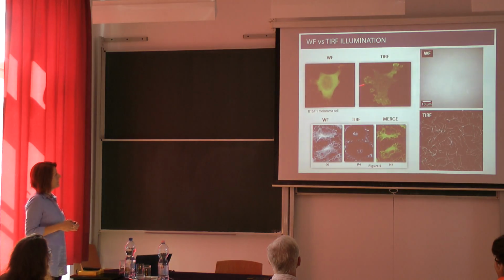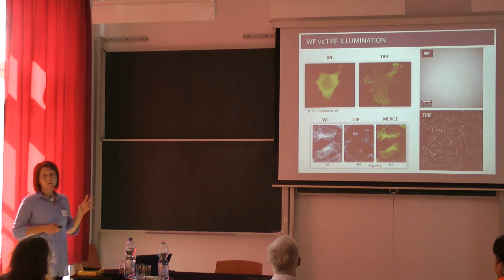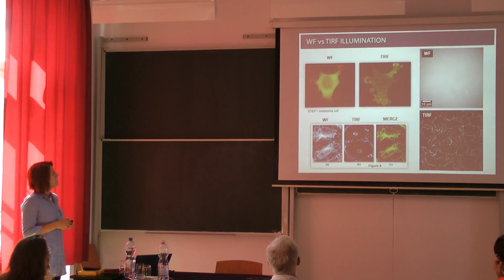Okay, now let's see how we can image our sample if we want to image by TIRF illumination. This can be a kind of textbook image which illustrates the difference between conventional wide field and TIRF illumination. So this is a cell illuminated by wide field, and you can see, of course, the cell.